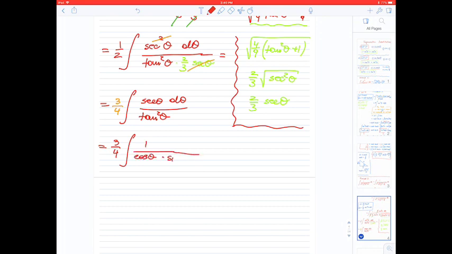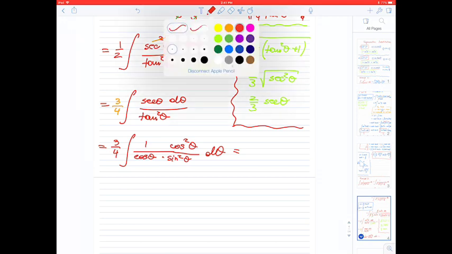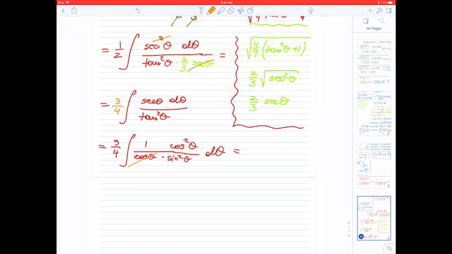Tangent square is sine square theta over cosine square theta. I did write the reciprocal. Oh, and actually we can nicely see that 1 cosine is gone. Good. 3 over 4, and then cosine theta over sine square theta d theta.